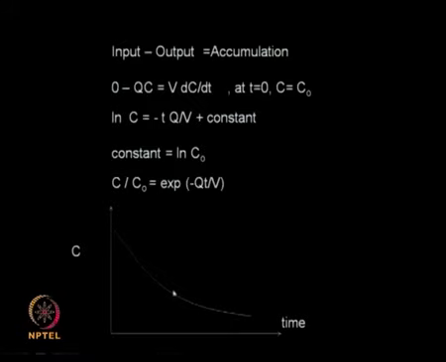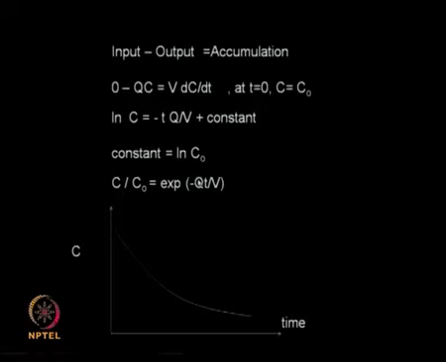So how will this equation look? It will be exponentially falling like this. Initially it will start from C0 at time equal to 0 here, and then as time progresses this will keep falling in an exponential fashion. Now this volume V divided by Q, the flow rate, is called the residence time of the tank.